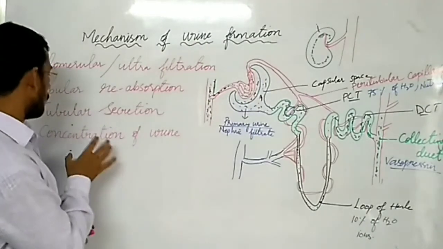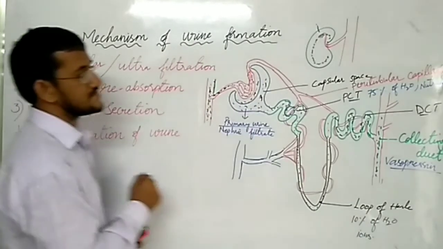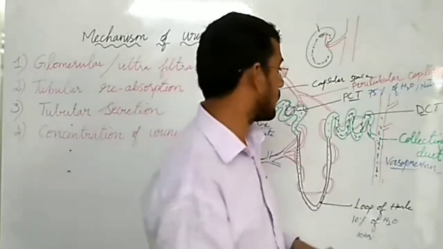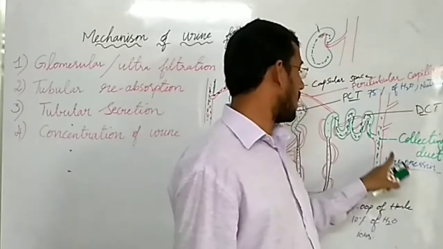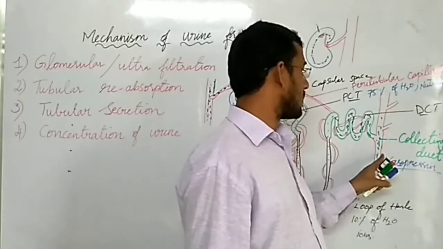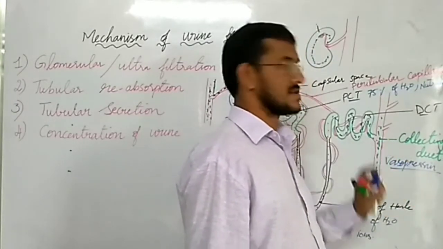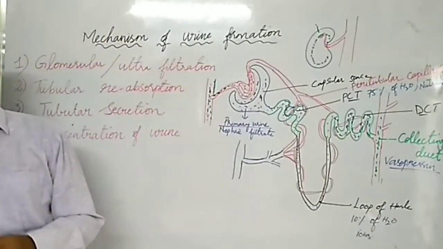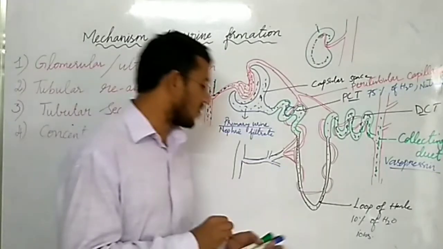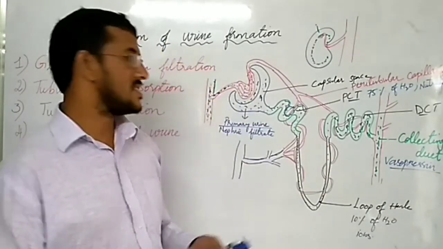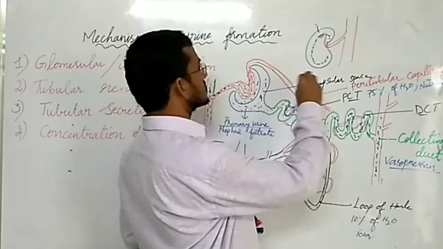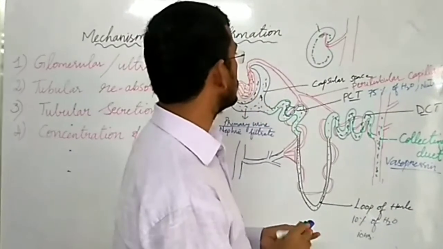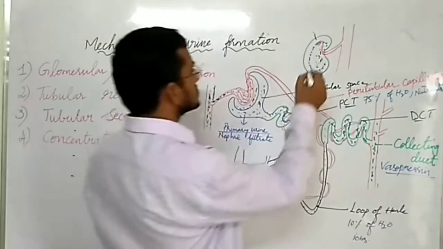Understood? So what is concentration of urine? Extra water is absorbed with the help of vasopressin hormone in the collecting duct, and the remaining water, we waste with waste material, that we call urine. From the collecting duct, it enters into the pelvis region.